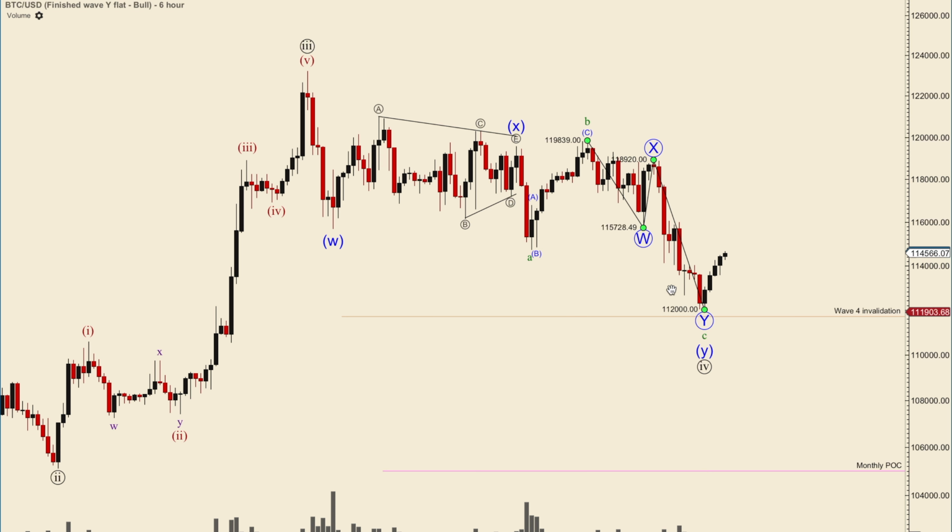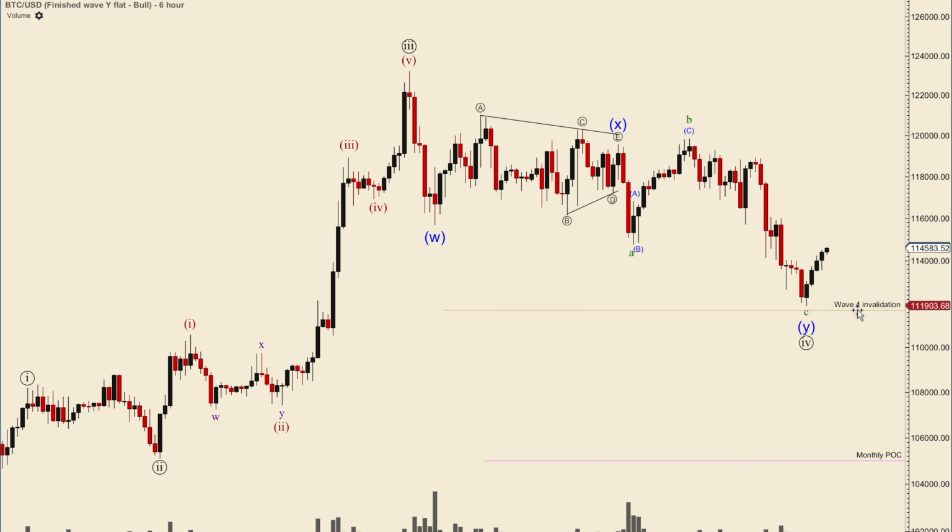And if this is a W, X, Y, then it's not valid, because we can't have a WXY in wave Y. Wave Y needs to be only one simple correction, according to the rules of the Elliott Wave principle. So, yeah, that is a scenario where we have a finished wave Y, and we are looking now for an impulse up to finish wave 5.